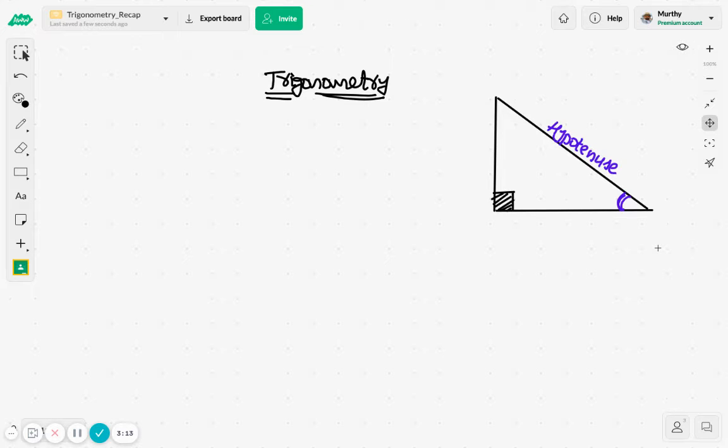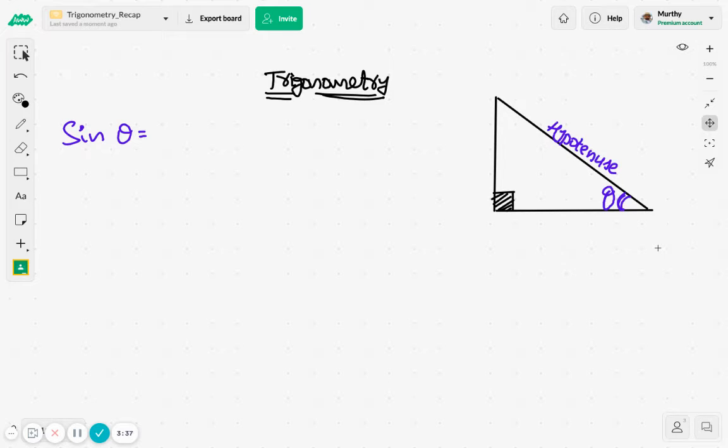But here the unknown angle I'm taking using this symbol, which is called theta. This is a Greek letter. Okay. So what is sine theta? I'm writing sin, but don't pronounce it as sin. It is sine, because the spelling is sine, but I'm taking only the first three letters.